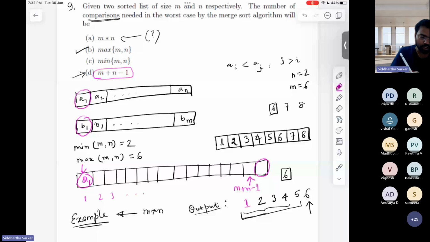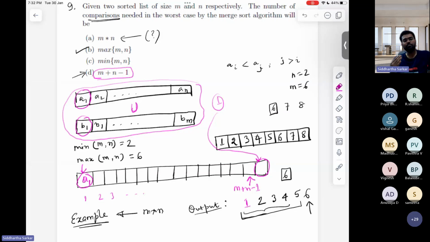And also, since you have already placed m plus n minus 1 elements out of these two, the number of elements left in the union of these two arrays is also exactly one. So the one that is left will come here. So by the time you have made m plus n minus 1 comparisons, you would have filled the output array fully. So there is no way we can make more comparisons. Is that correct? Is that understood?